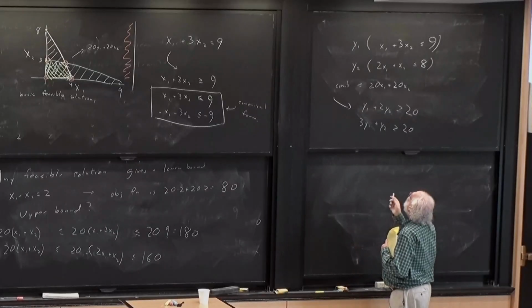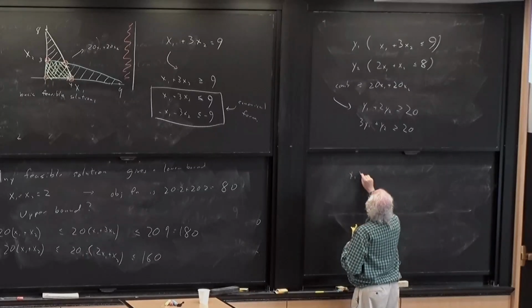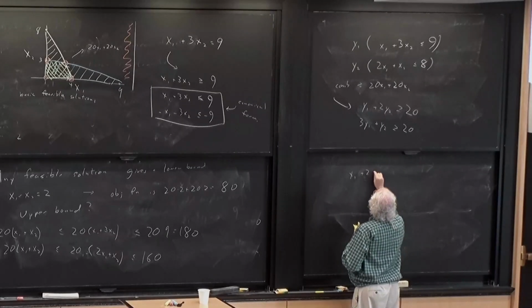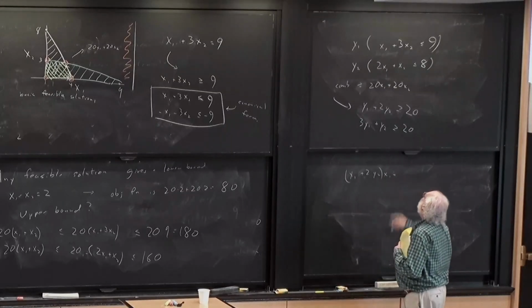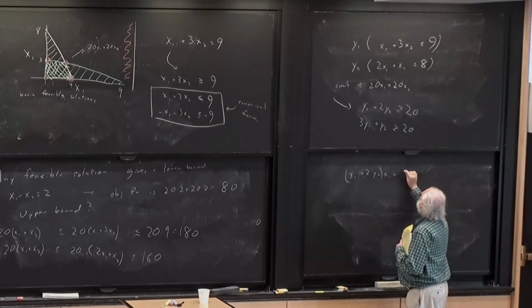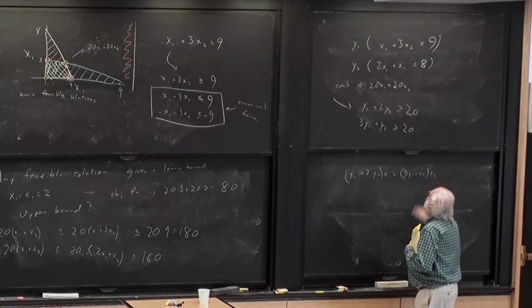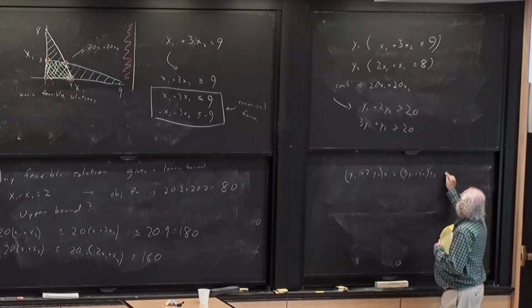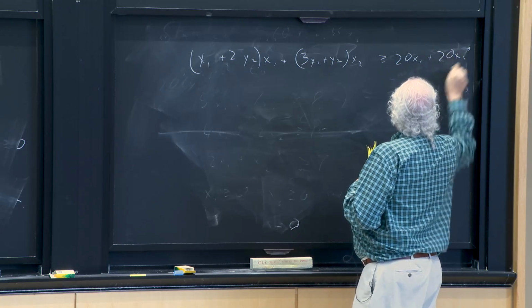We would have y1 plus 2y2 times x1 plus 3y1 plus y2 times x2 is greater than or equal to 20x1 plus 20x2.